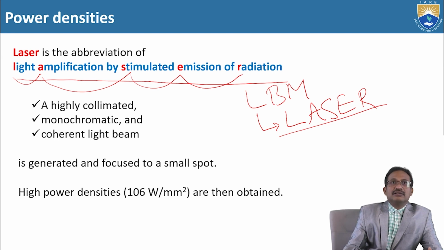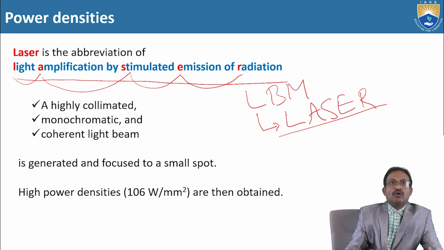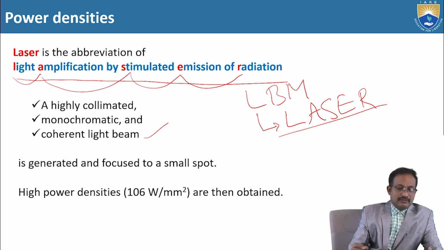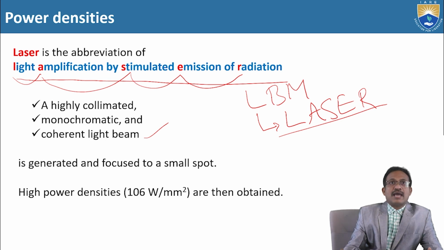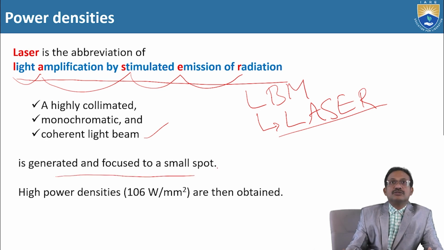A laser is a highly collimated, monochromatic, and coherent light beam that is generated and focused to a small spot.